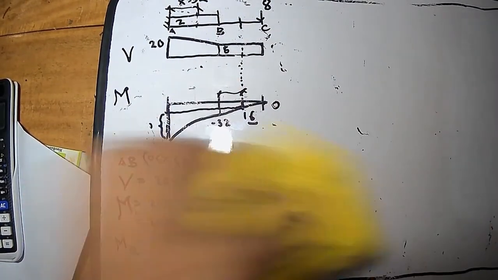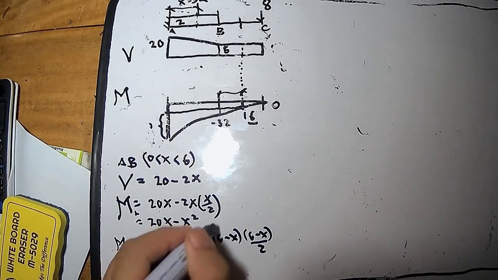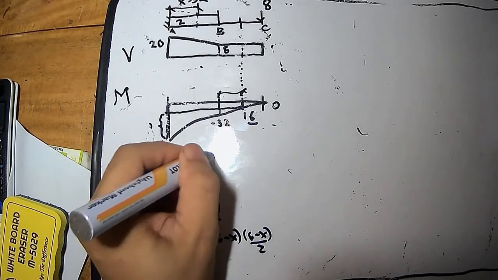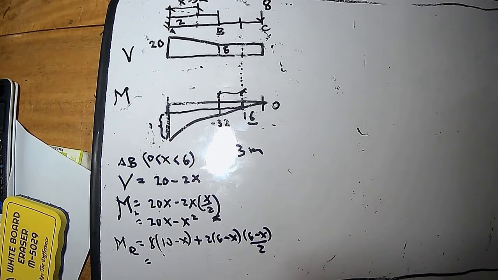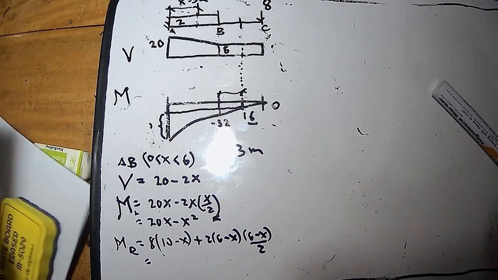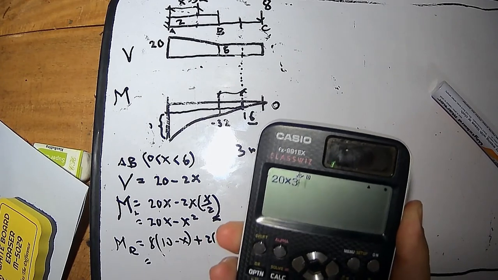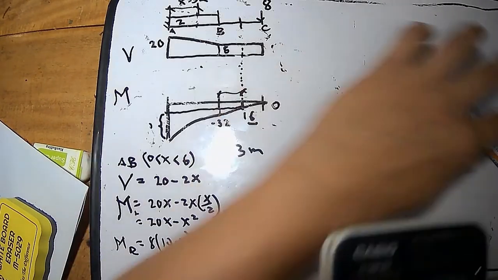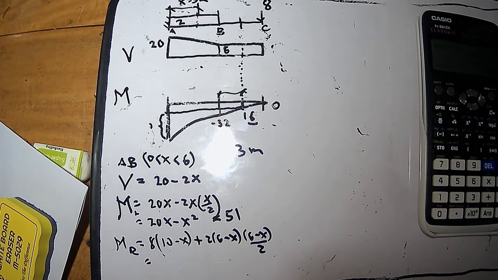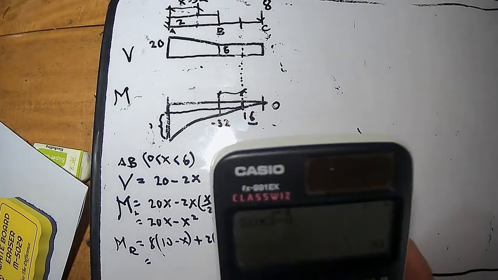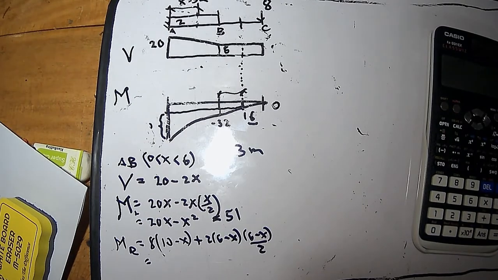Okay, balik na tayo sa AB. So, sa moment left, let's say x now is equal to 3 meters. Okay, so moment left would give you 20 times 3 minus 9 is 51. Okay, so that is 51. Next, ito naman, 116 minus 51, that is 65.